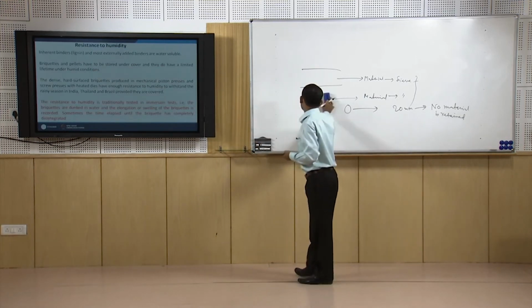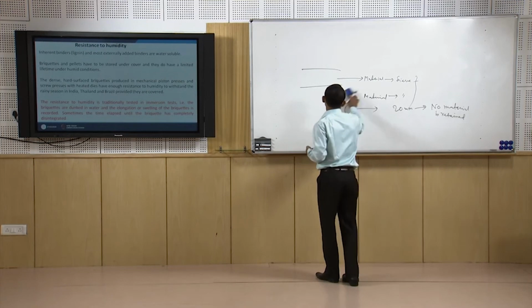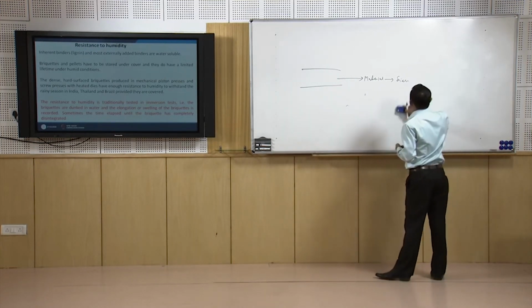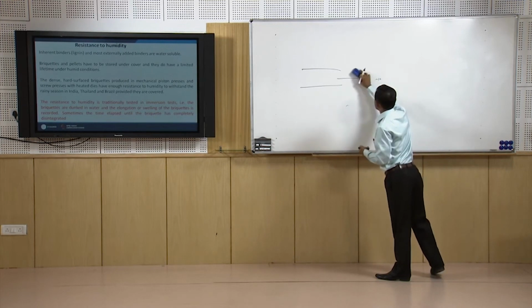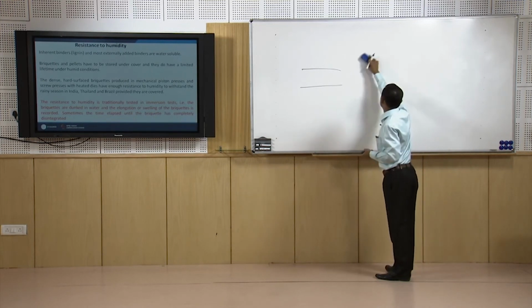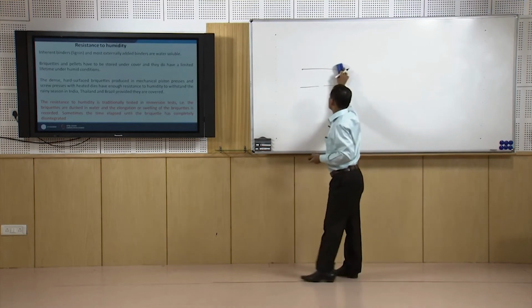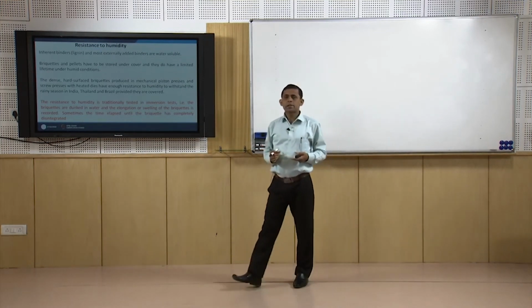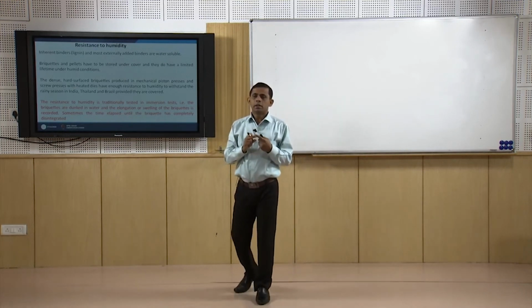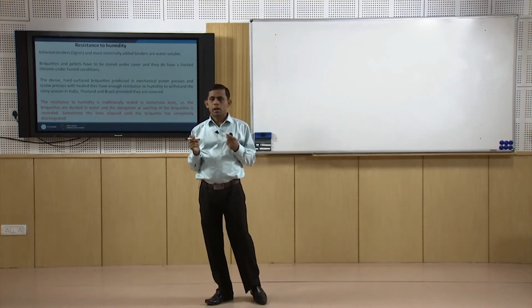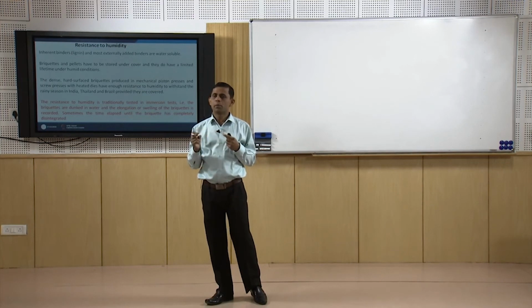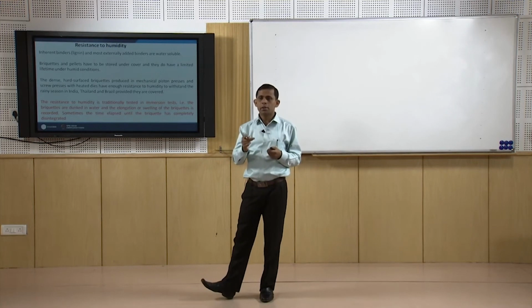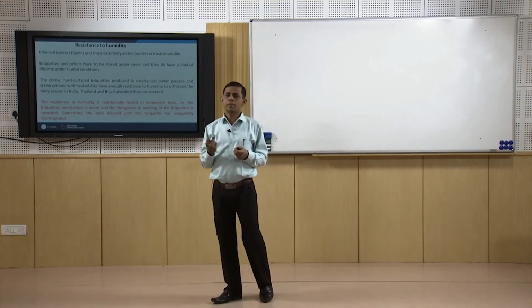Next we will discuss the resistance to humidity. If we store the briquettes for a longer time in a humid atmosphere, they lose their strength and properties. Why so? Because the briquettes we have seen can be produced either at high or low pressures. Low pressures use binding agents; high pressures use inherent or indigenous binding agents.